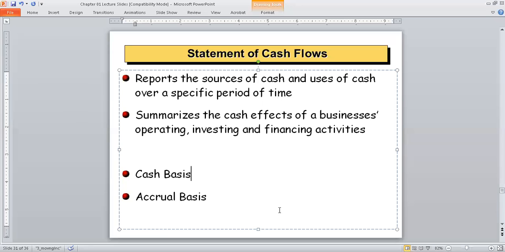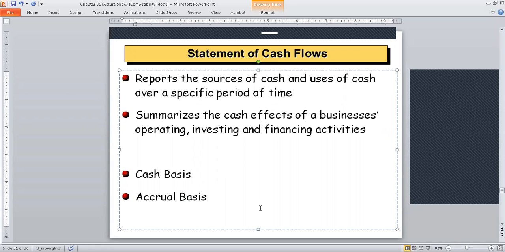Our income tax returns, those of you that file an income tax return, they're prepared on a cash basis. But publicly traded companies are not allowed to prepare their financial statements, at least most of them, on the cash basis. Instead, they have to follow the accrual basis. And the triggering event under the accrual basis is the contract.